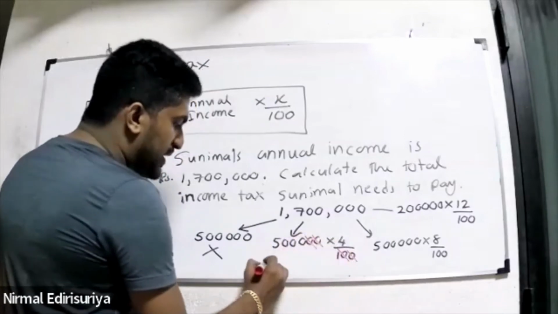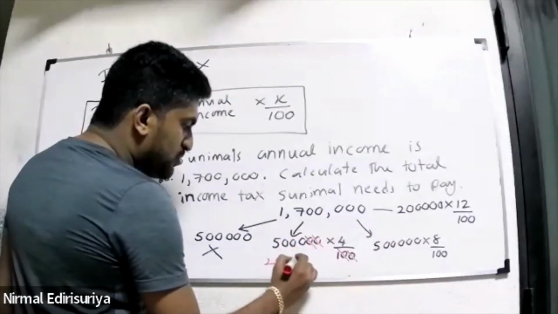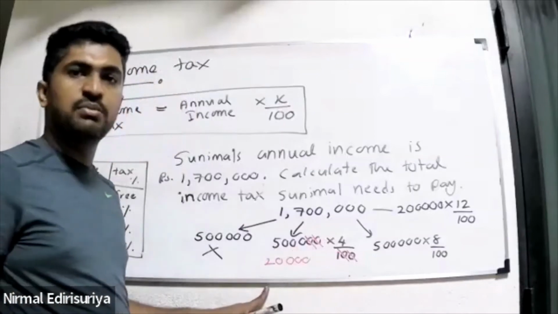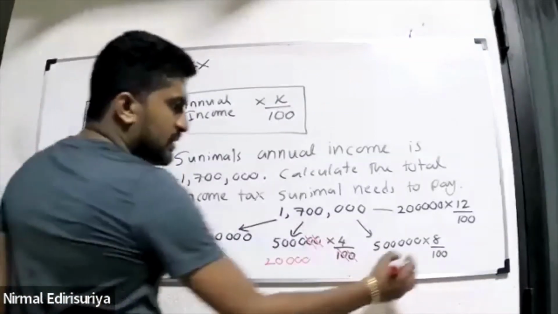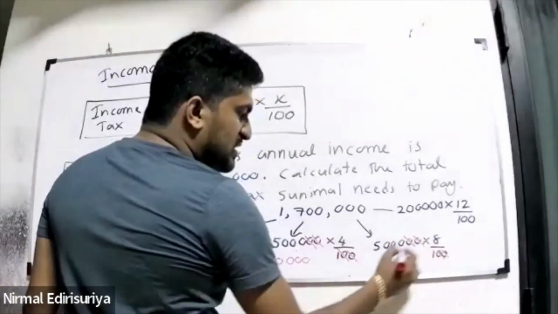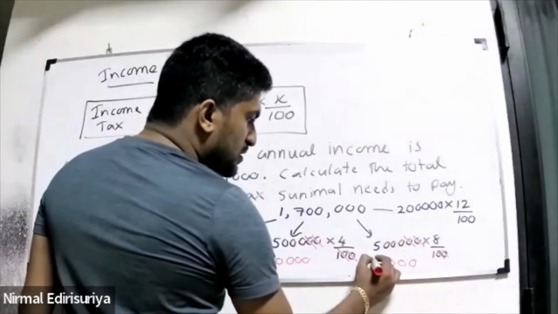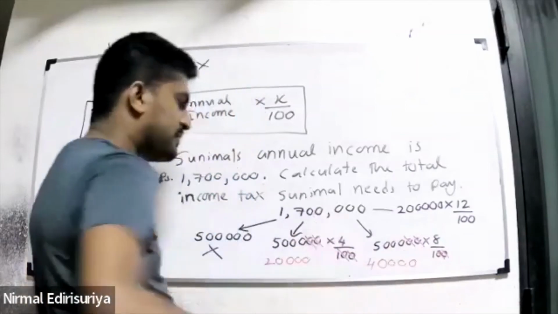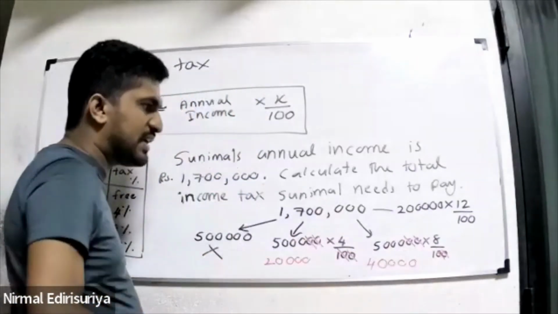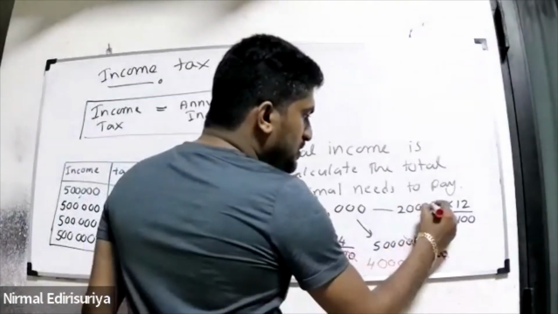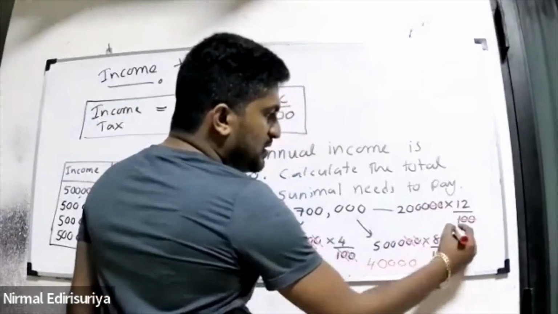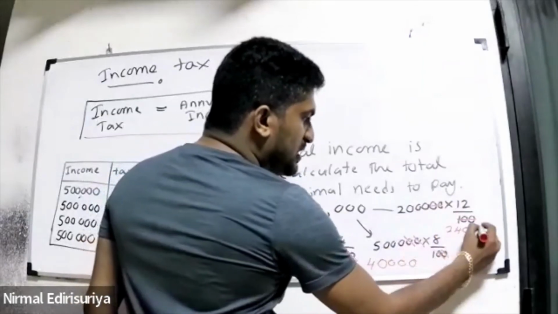Then 4 into 5 is 20. So 20,000 for the first category. Then CO to CO cancel again, 40,000 for the second category. Then 24,000 for the third category.